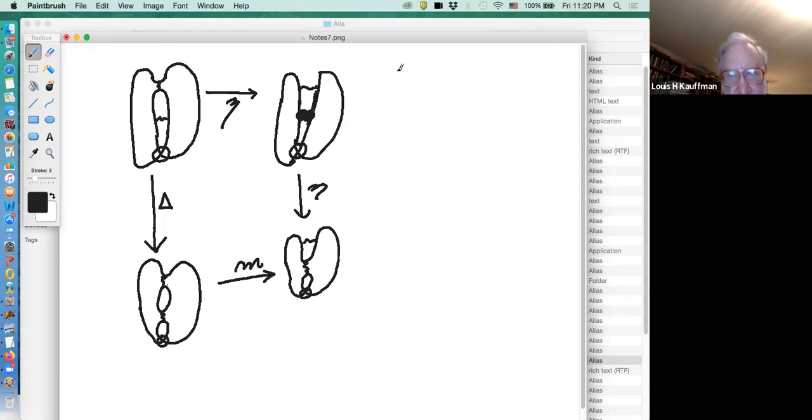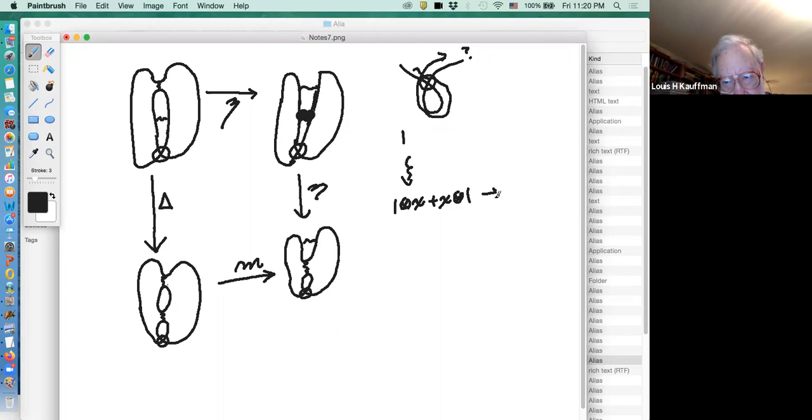You might think, well, maybe wandering through a virtual crossing has something to do with this. If I could somehow get a sign to appear that would cancel one x tensor. Remember, we were going 1 tensor x plus x tensor 1, and then we were going x plus x equals 2x.